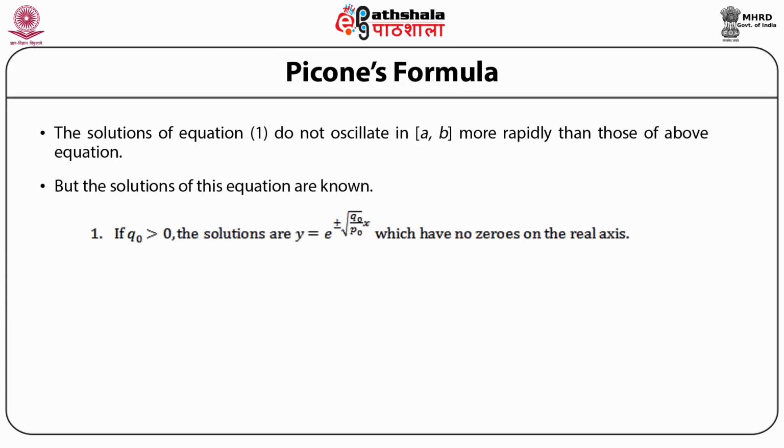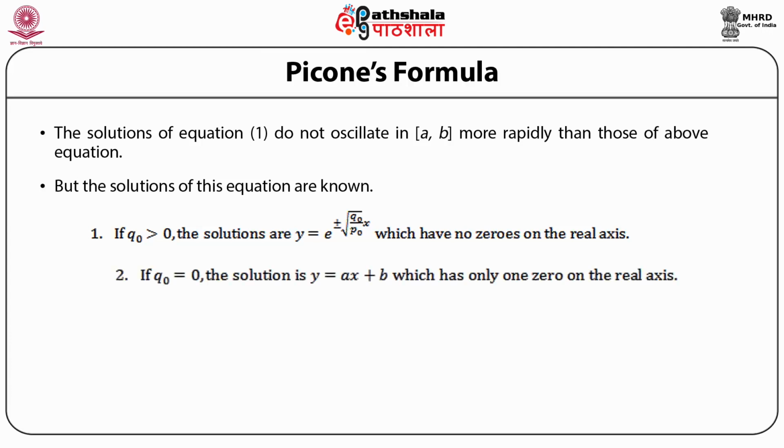First, if q0 is greater than 0, the solutions are y is equal to e raised to the power plus or minus square root of q0 by p0 into x, which have no zeros on the real x-axis. Secondly, if q0 is equal to 0, the solutions are y is equal to ax plus b, which has only one zero on the real x-axis.